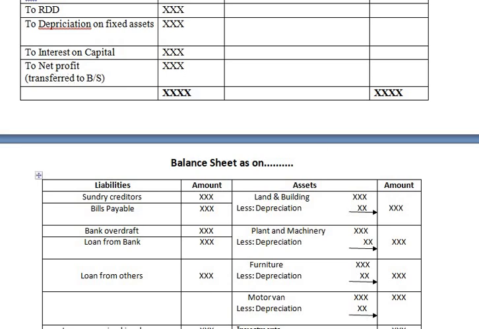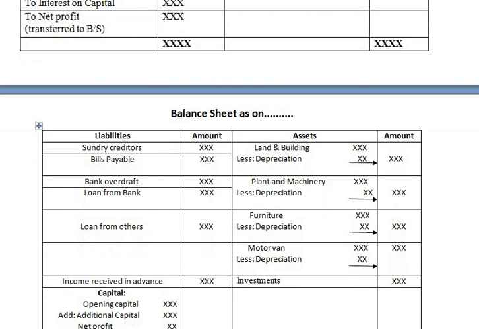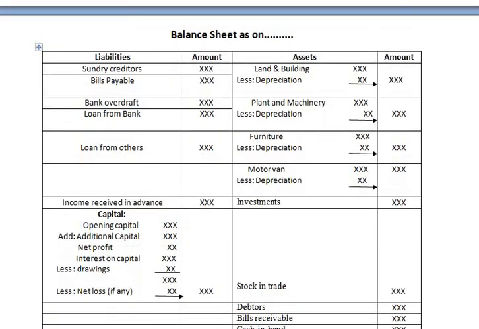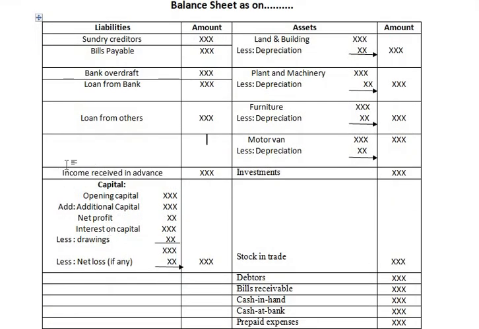So this profit is being brought down to the balance sheet. This profit will be added to the capital. So opening capital plus additional capital plus net profit, that is the profit of the year.